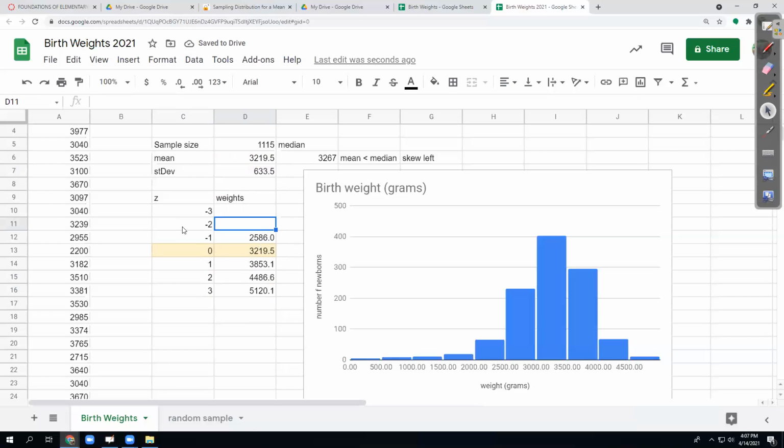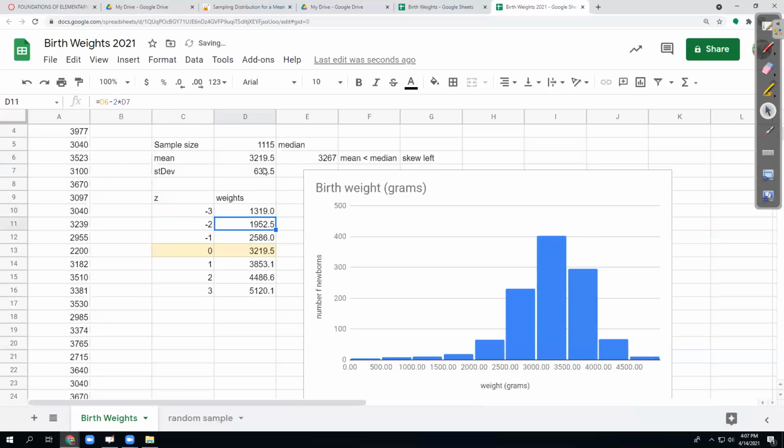On the other side, -2 z-score means from the mean, take away 2 standard deviations. From the mean, take away 3 standard deviations.